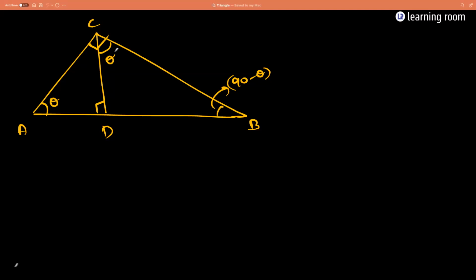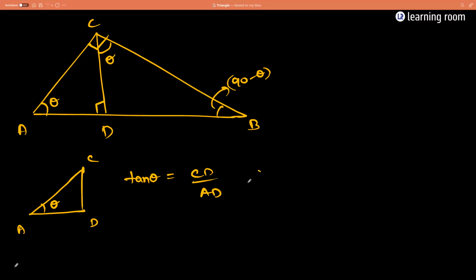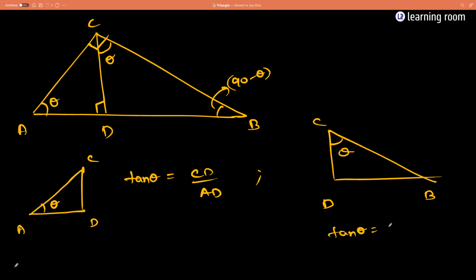With this logic also you can prove the similarity. Now see, if I take the triangle CDA, and this is theta, then what is tan theta from this triangle? CD by AD. If I take the bigger triangle CDB, then what is tan theta from this triangle?